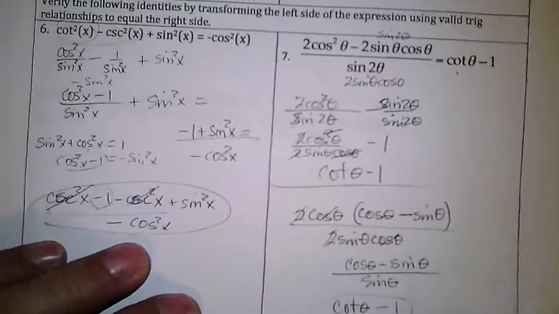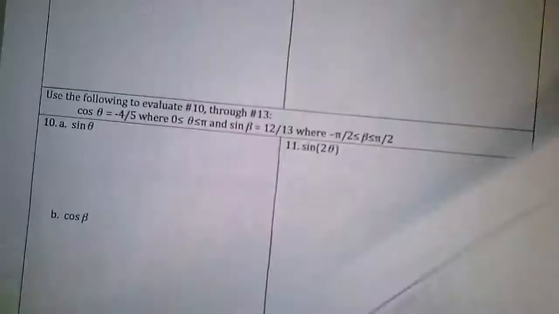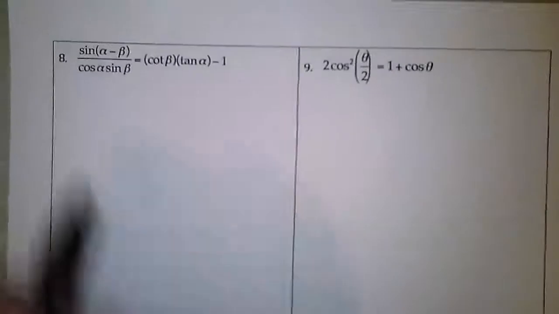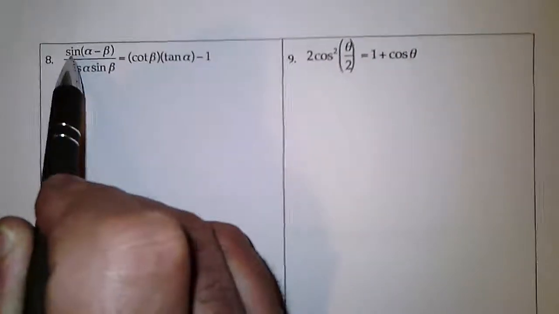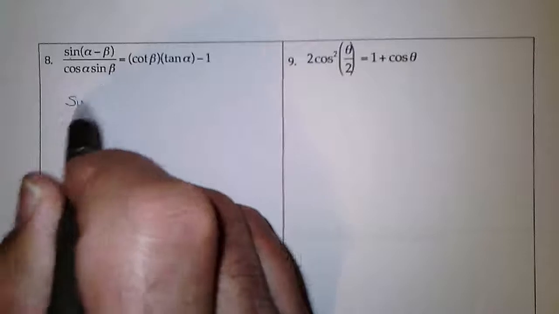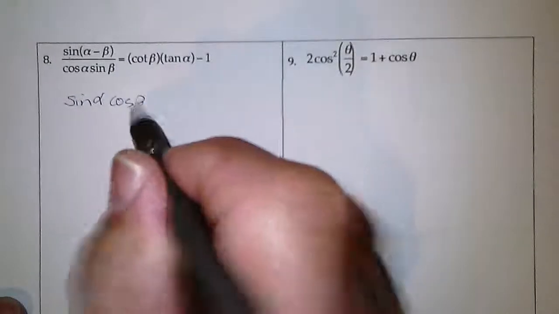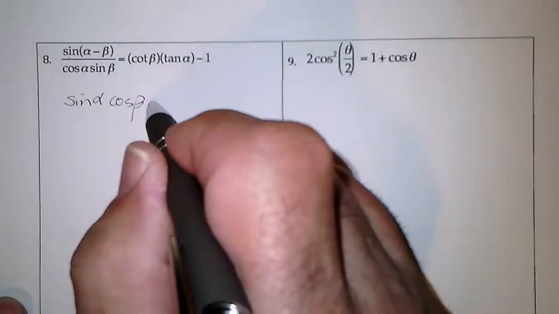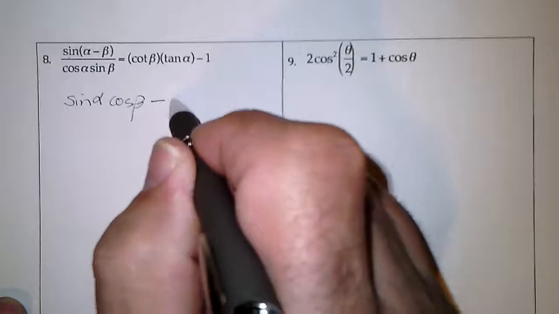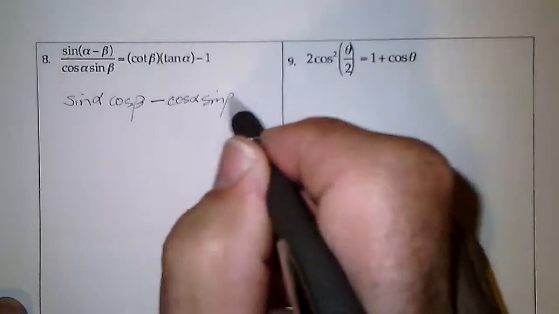Okay, and now the next page says, can you show this is equal to this? Well, the sine of 2 angles subtracted is sine of the first, cosine of the second, and the same subtraction or addition sign, subtract cosine of the first, sine of the second.